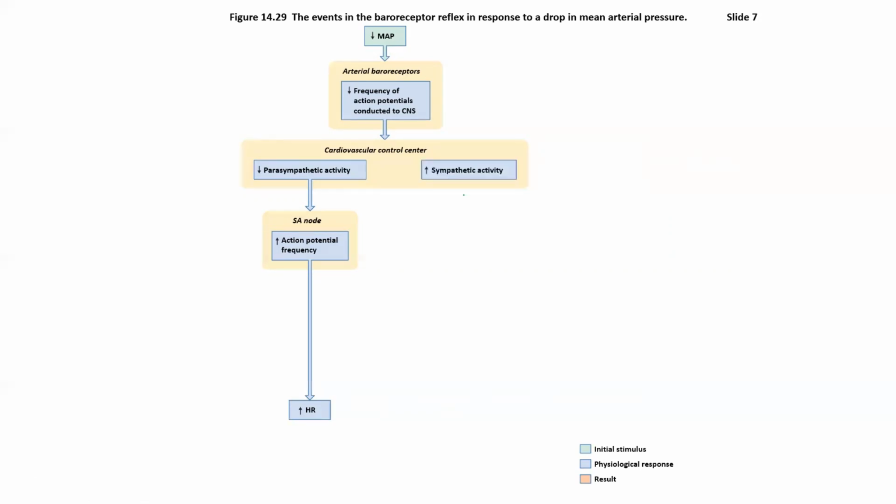The second thing we want to do is increase sympathetic activity. Again, that duality, the fact that we must tone down parasympathetic, but also tone up sympathetic in order to bring about that response. And so increasing our sympathetic activity has a few other factors that it influences as well. It will increase our heart rate.